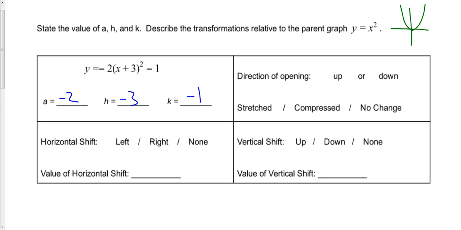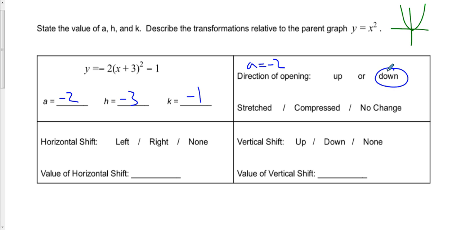So the direction of opening is determined by the A value, and here our A value is -2. Because it's a negative number, we know that it's going to open down.